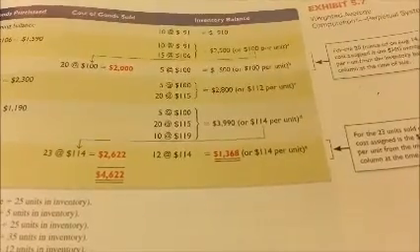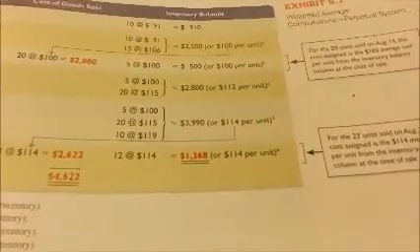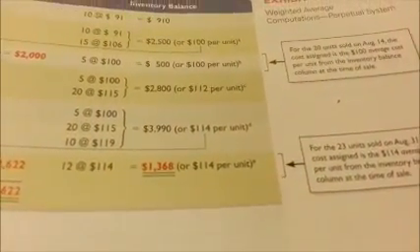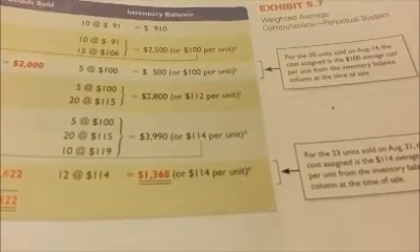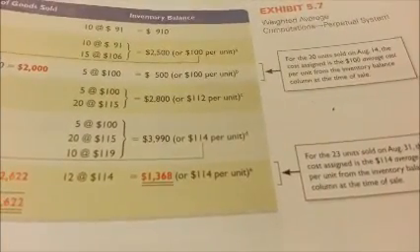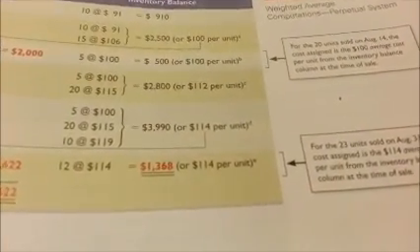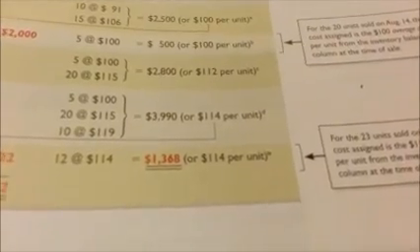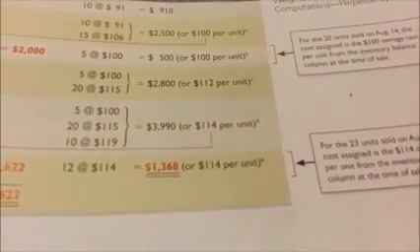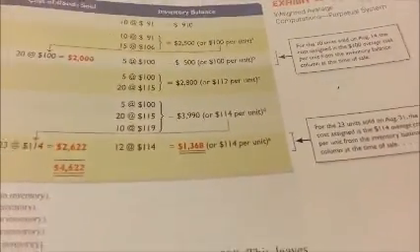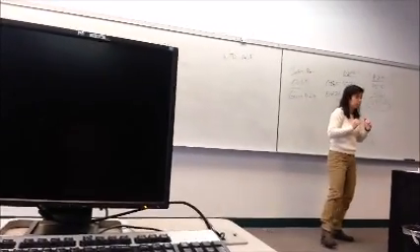$3,990, divided by the 35 units we now have available for sale, gives us a new weighted average cost of $114 per unit. No other costs apply. We're now at $114 per unit.